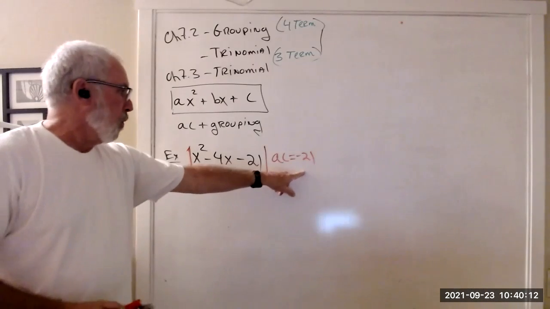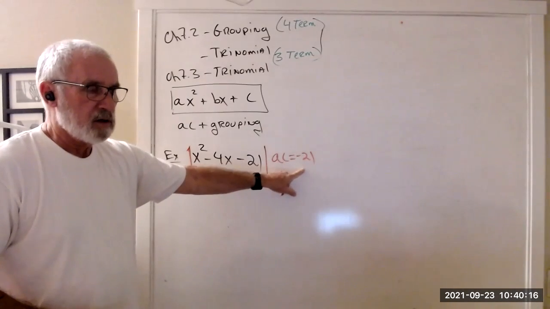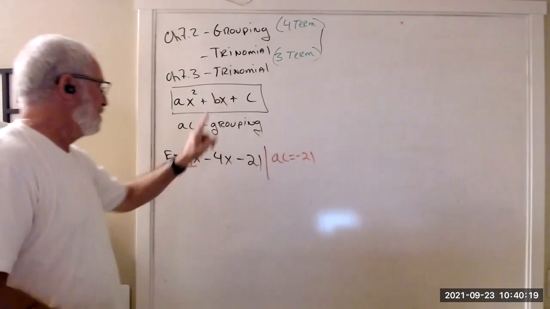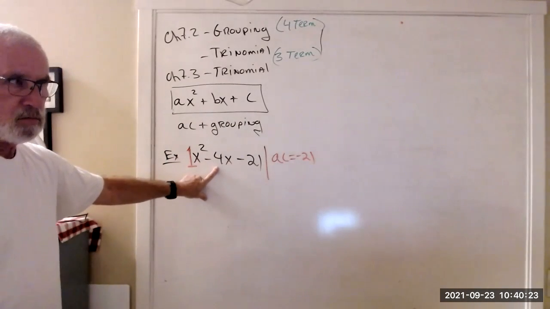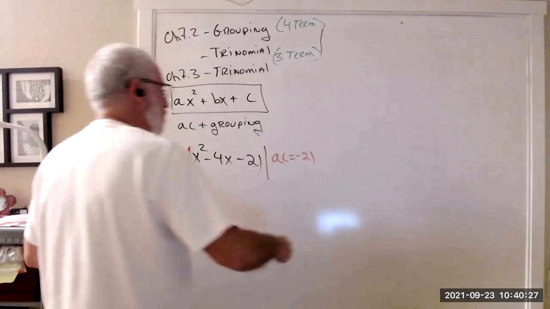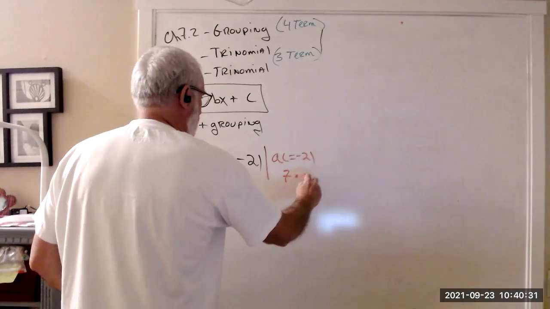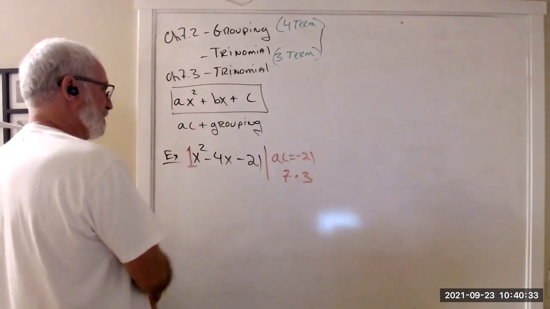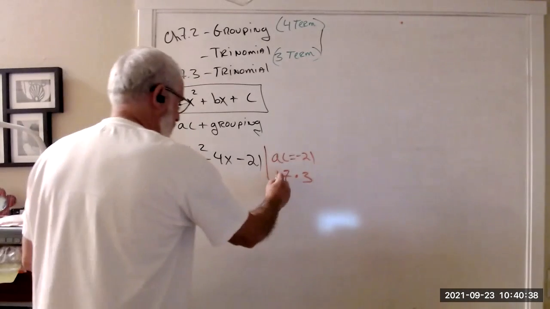And what numbers multiply to make negative 21 and add or subtract to make negative 4? 7 and 3. Okay, you had 7 and 3, but somebody's got to be positive, somebody's got to be negative. Minus 7 times 3. Good, good.